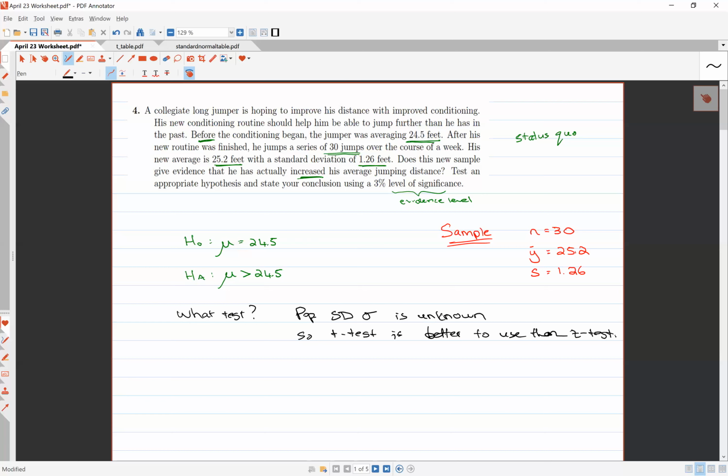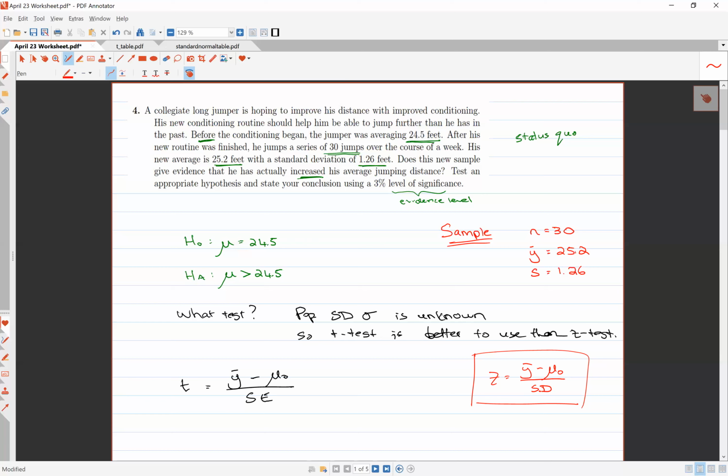Always check for that. If we're doing a t-test, that'll be y bar minus mu naught over standard error. The only difference if you were doing a z-test is it would be y bar minus mu naught over standard deviation. And standard error and standard deviation are calculated in the same way.